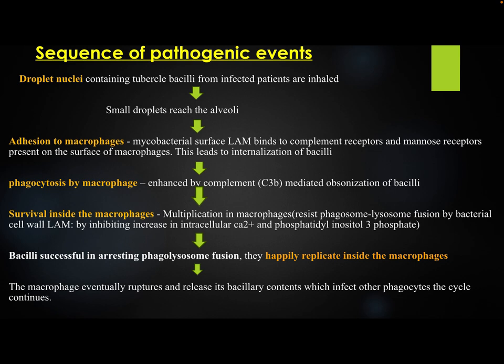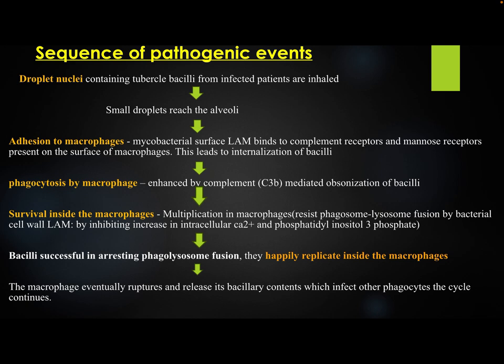After adhesion to macrophages comes survival inside the macrophages, that is multiplication inside macrophages by resisting the phagosome-lysosome fusion by bacterial cell wall lipoarabinomannan, thereby inhibiting the increase in intracellular calcium and phosphatidylinositol 3-phosphate level.